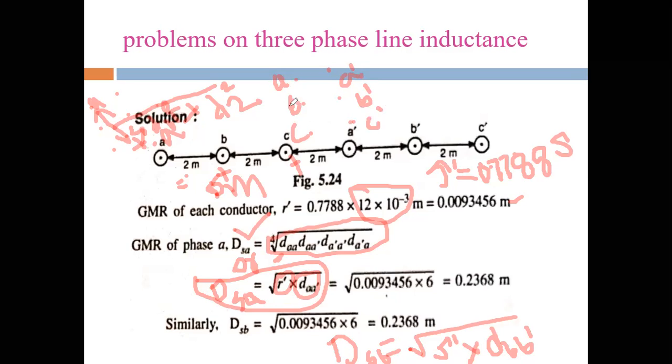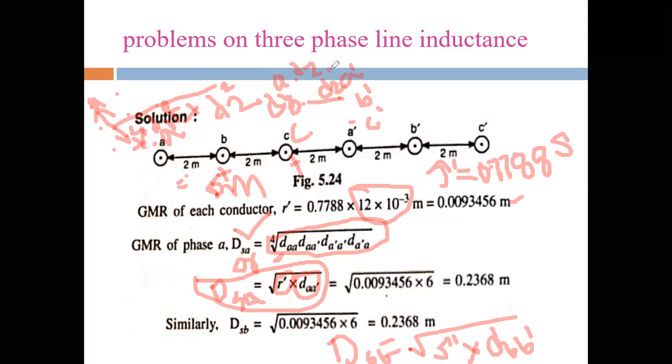The distance between B to B dash is D2. The distance between A to B is D1, and the distance between A to A dash is D2. Therefore, the distance between B to B dash is also D2.